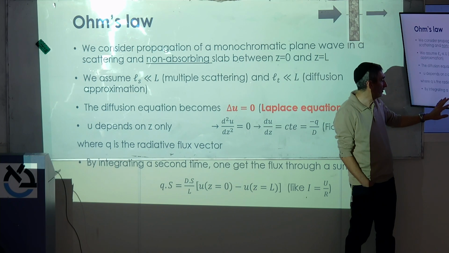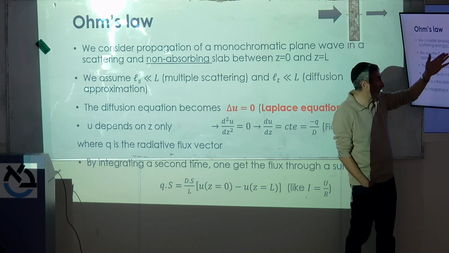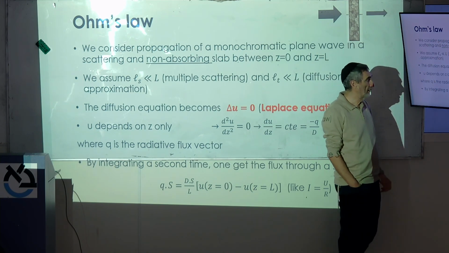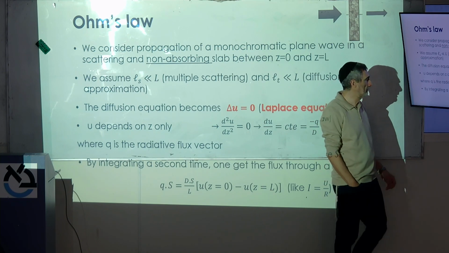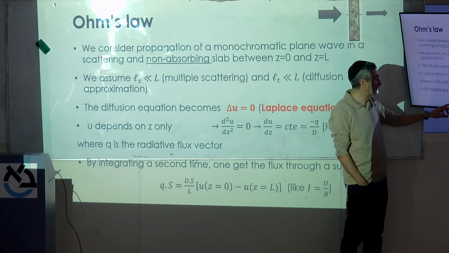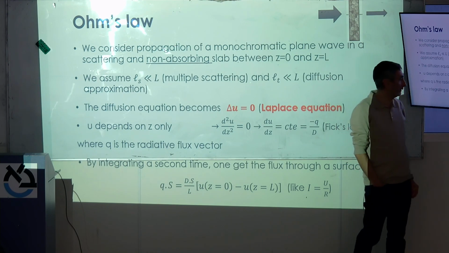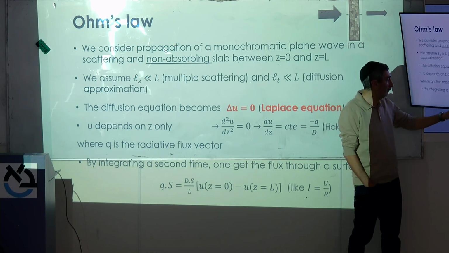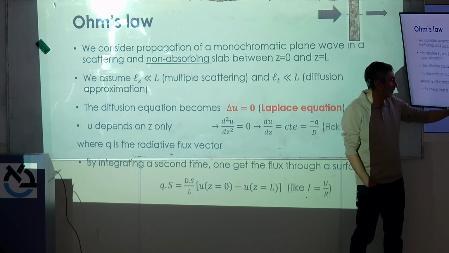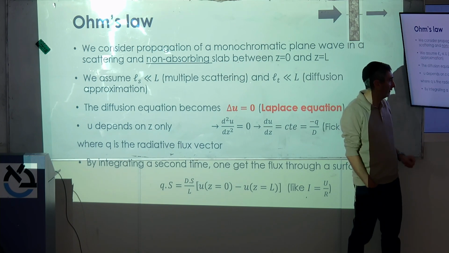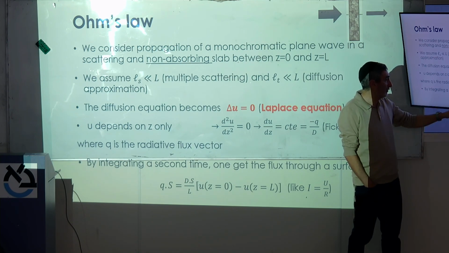If you multiply by S, the surface of the slab, you recognize the flux through a surface, that's the current, equal to a variation of potential over a constant given by this term here.